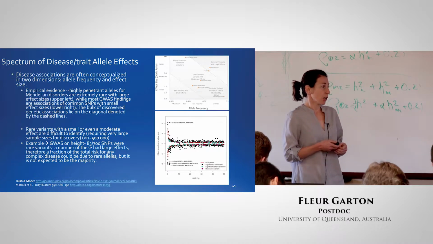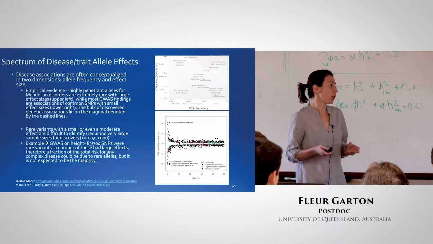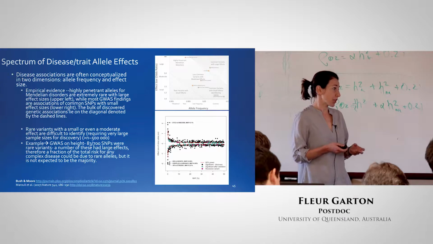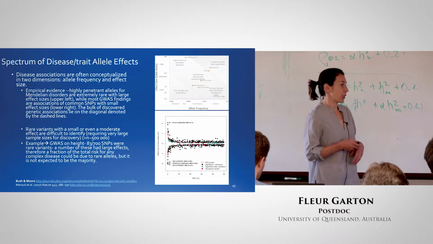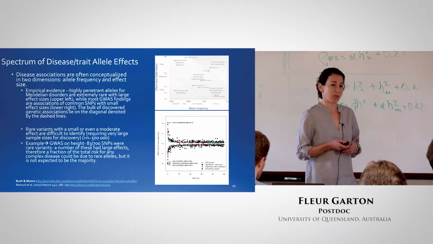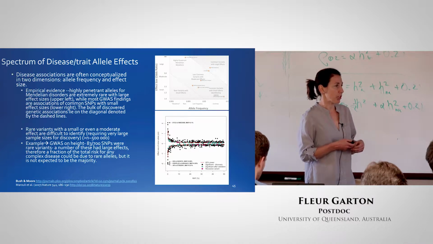And actually using this 500,000 large cohort, only 83 out of the 700 SNPs were rare variants, and a number of these had quite large effects, which is interesting. So I guess a fraction of the total risk for any complex disease can be due to rare alleles, but it's not expected to be the majority. And this is actually the effect size based on change in height in terms of centimetres.